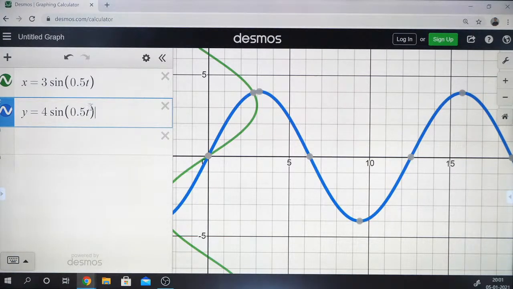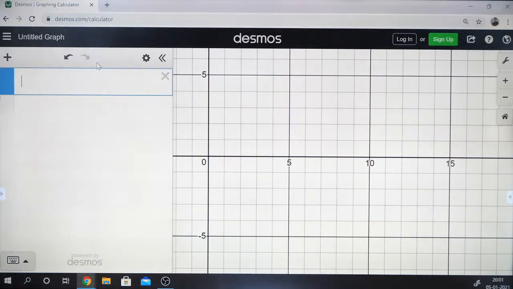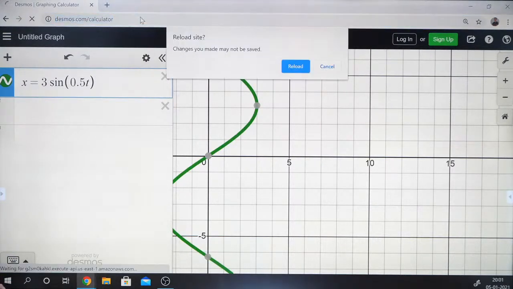Now, let's say these are our two equations. I should have got the slider. 1 second, guys. X is equal to 3 sine 0.5t. I'm not sure why I didn't get the slider. I'll just refresh the screen.